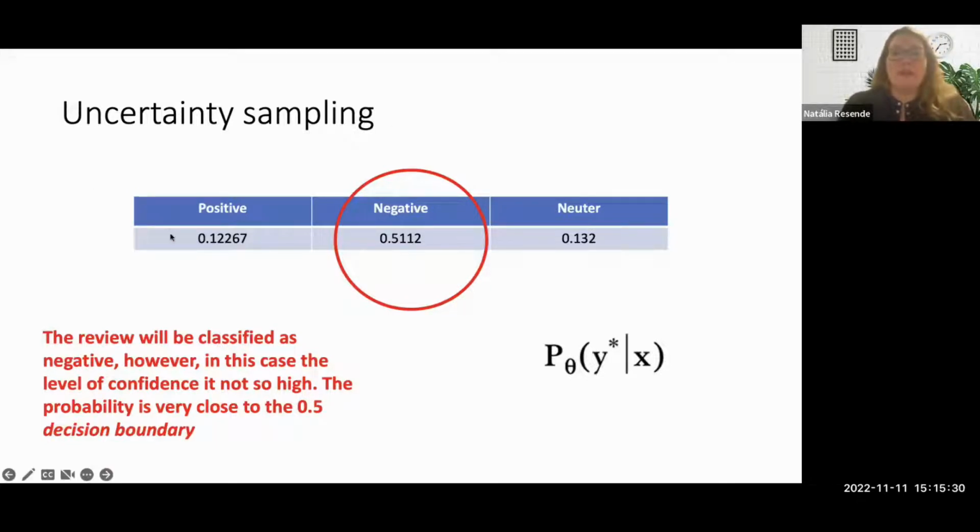So here we have two probabilities below the decision boundary, and then this one is above the decision boundary, but still very close to it. So this means that the model is not so certain of this class, right? But of course, the model will need to select a class. In this case, we consider this probability as the most uncertain. It means that the model is not so certain of its decision.